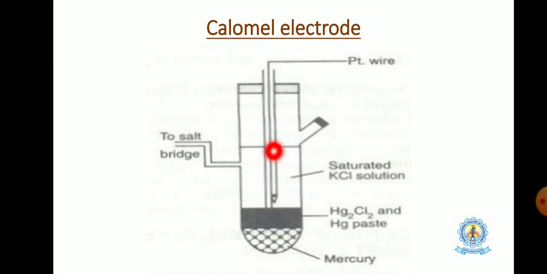Later you take a platinum wire. One end is inserted into the paste and the other end is connected to the outer circuit. This U-shaped glass tube has two side tubes, one connected to the salt bridge and another for the passage of the saturated KCl solution. This is the construction of the calomel electrode.